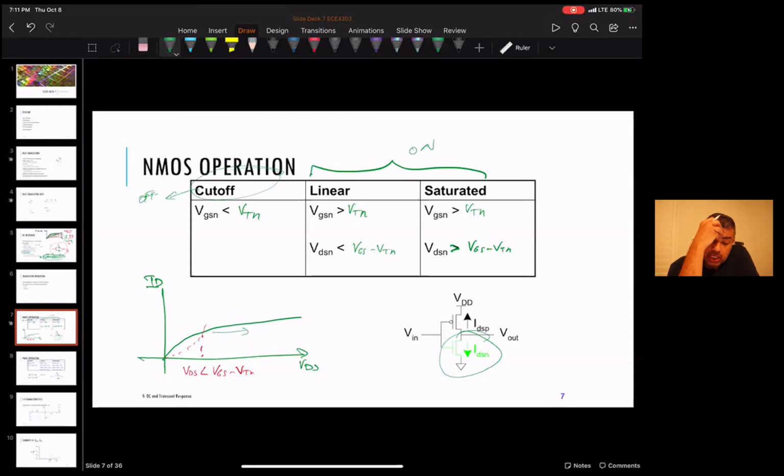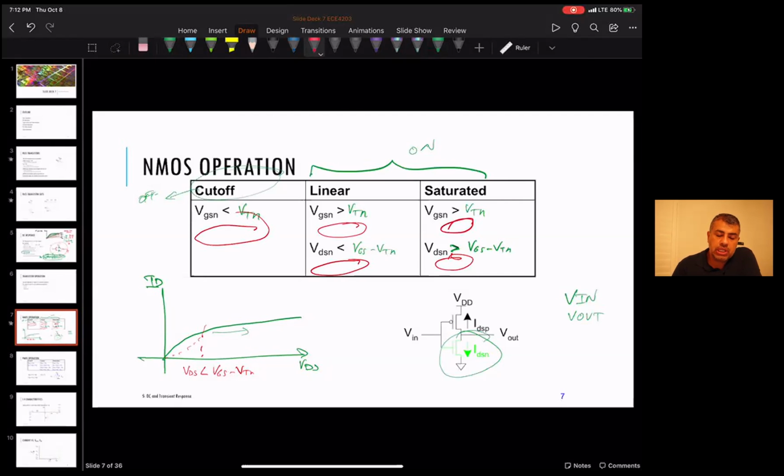So just looking at this device, these are the parameters we have. We have V in, we have V out. Basically, we write these equations.